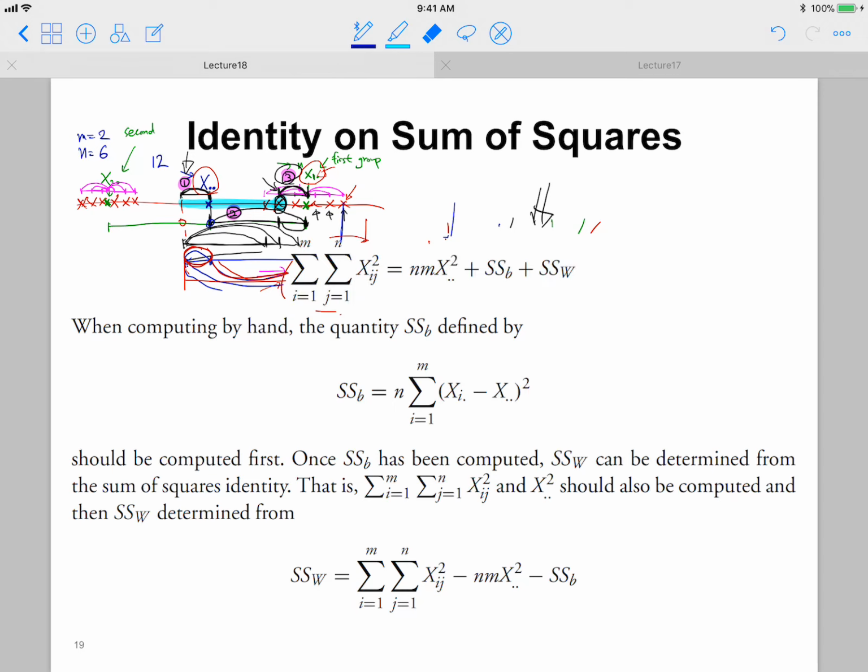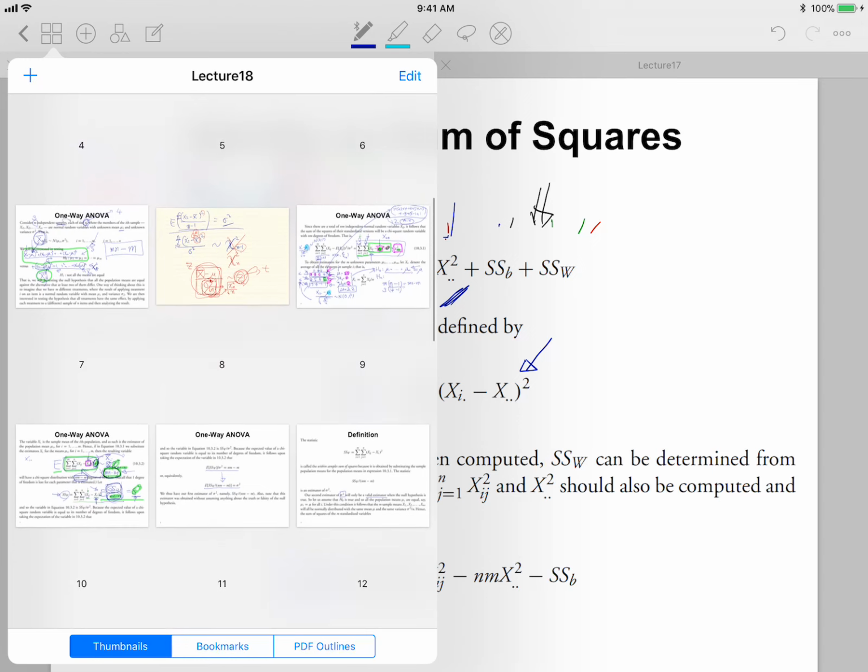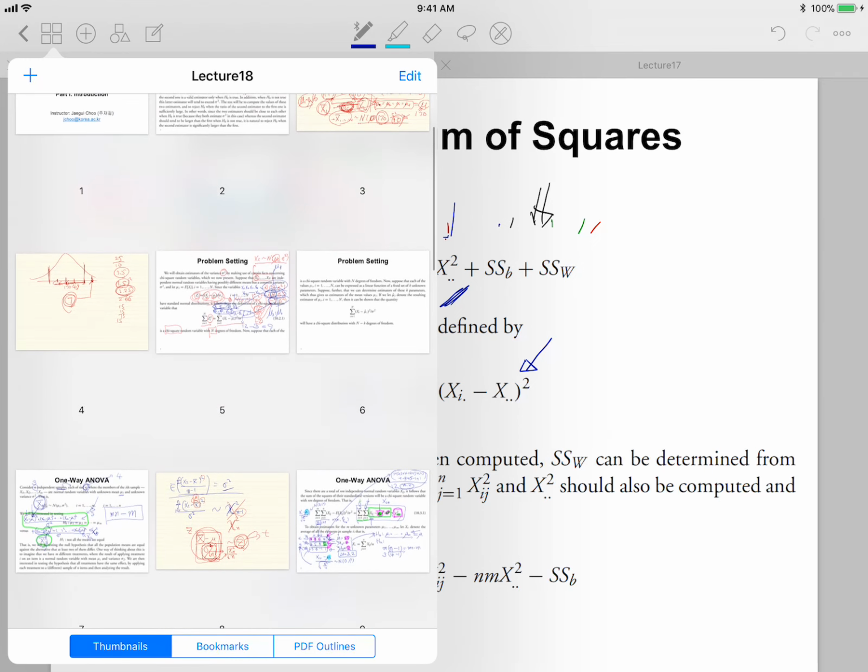in the same manner. So instead of computing SSB and SSW separately by just following its original definition, we just compute SSB first and then compute this value and this value. And then in the case of SSW, instead of following the original definition. So what was the original definition?